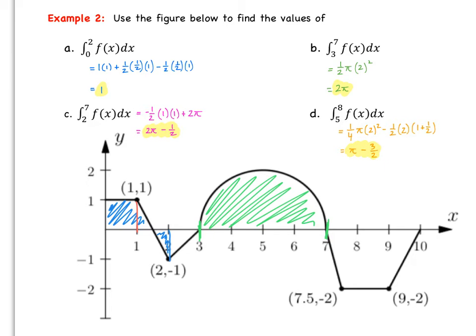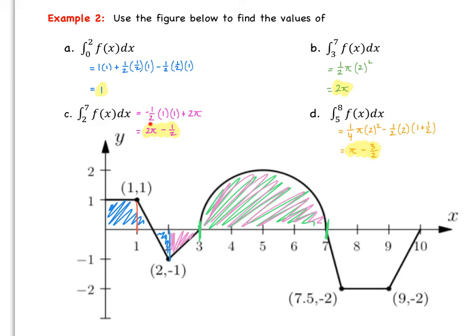For example C, now we're looking at the interval from 2 to 7. So as I look through, I need this piece here, plus again this semicircle. Now notice this triangle portion is underneath our x-axis, so this is going to be negative.